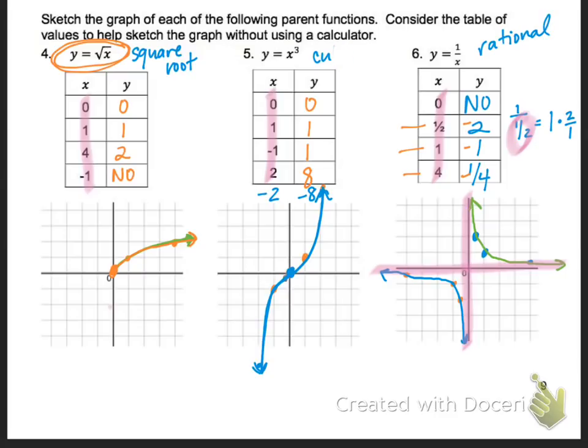And I usually will call it a cubic, or a cubic function, so maybe you want to fix that. Cube, cubic, same thing. These are the 6 parent functions that you do need to memorize. Now we're going to look at how we can transform those: how they shift left, right, up, down, flip, and the slope.